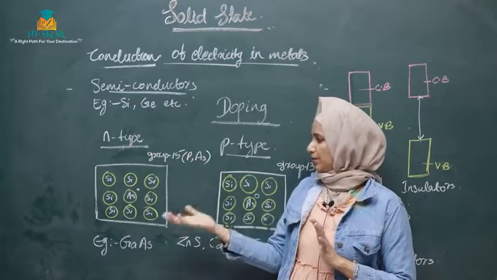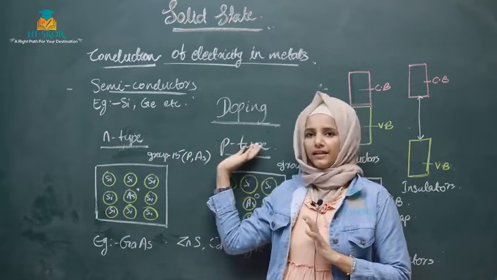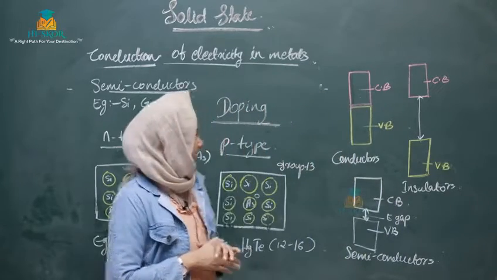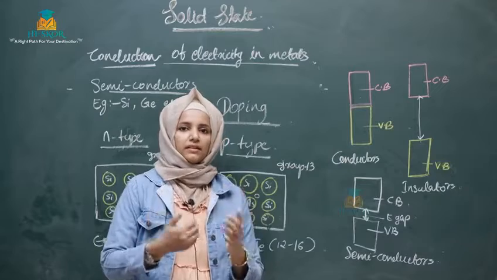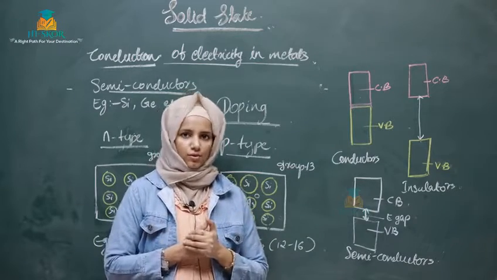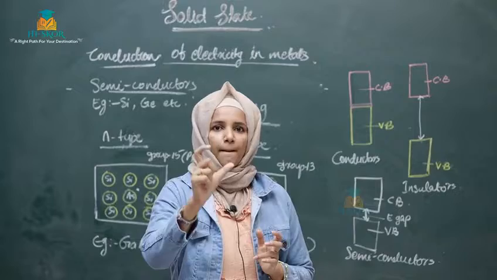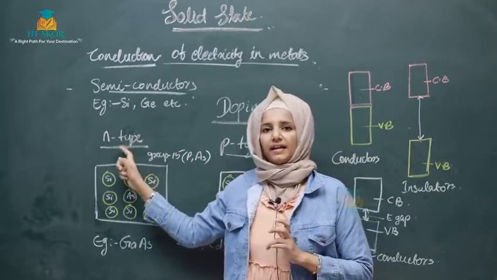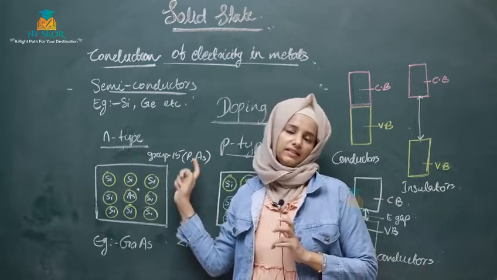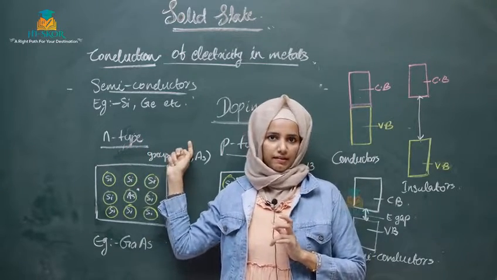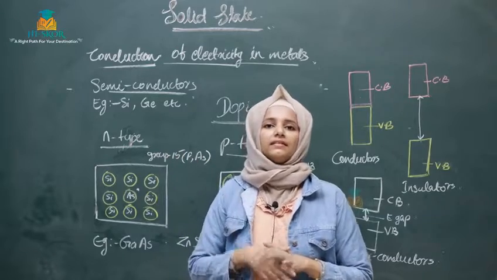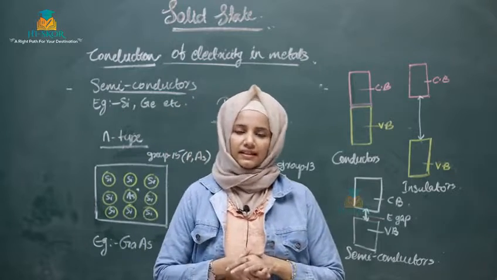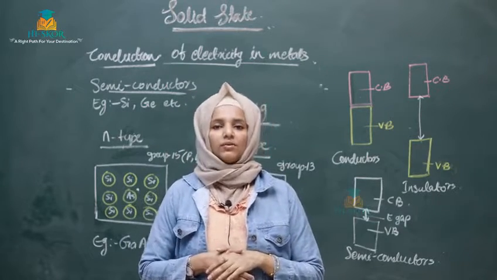Okay. Suppose we are doping the group 14 element like silicon or germanium with a group 13 element. Okay, what will happen? Group 13 means we have only 3 valence electrons available there. Okay, so 1 electron less ആണ്. So if we are doping the semiconductor with electron deficient compounds such as group 13 elements, then what will happen?